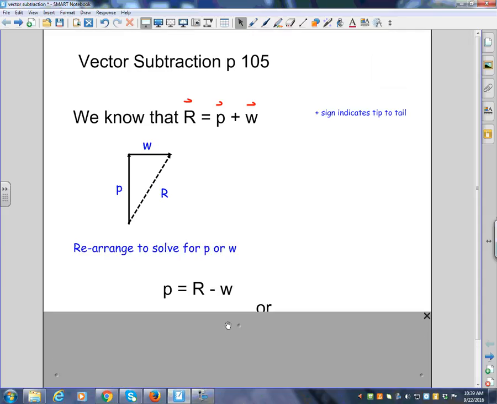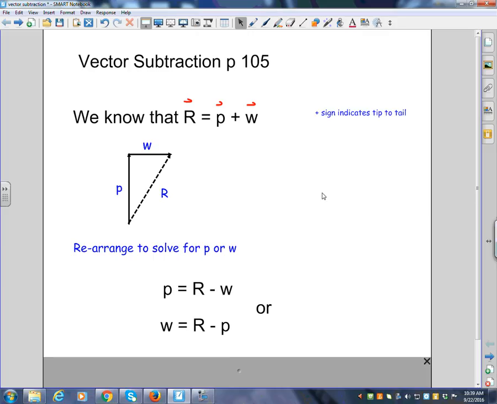Okay, so if you were to rearrange r equals p plus w, if we solve for p or w, if we take this and move the w over to solve for p, or if we take the p over to solve for w, we end up with, what is it? Subtraction.